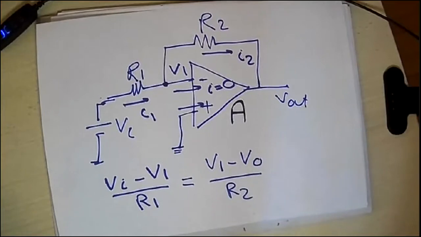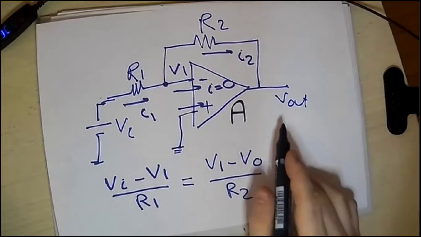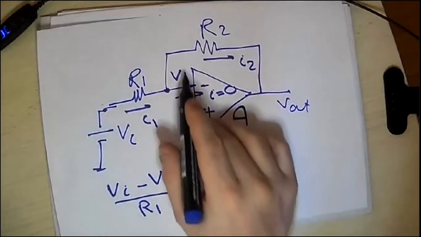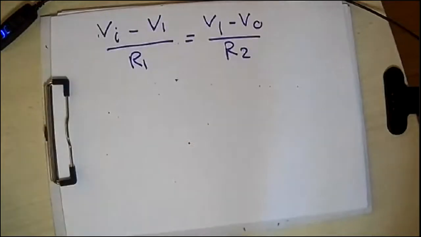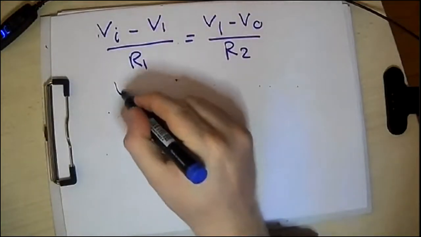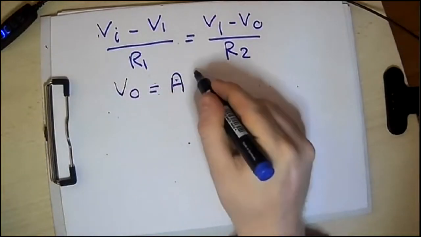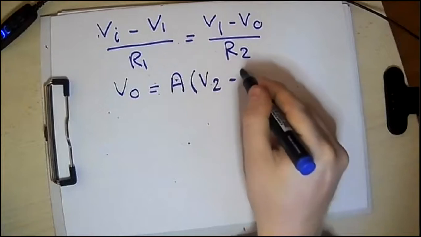Please remember, this is the first equation we introduced for an operational amplifier: the output voltage equals the open loop gain times V2 minus V1. So V out equals A times V2 minus V1.